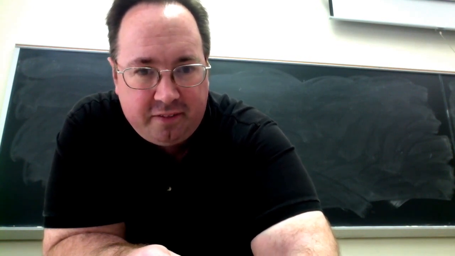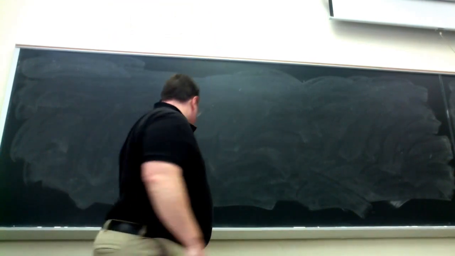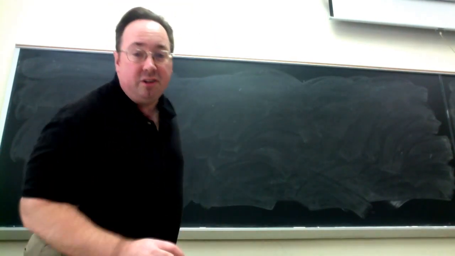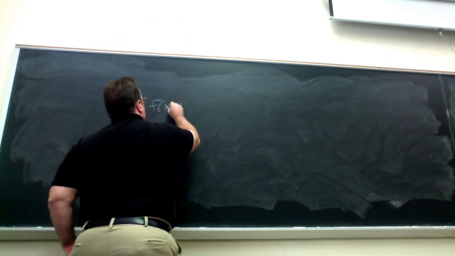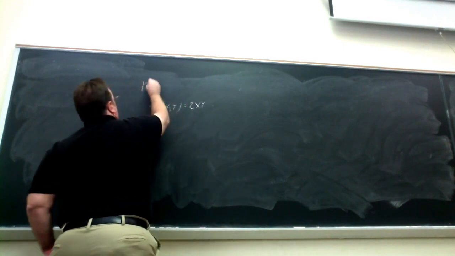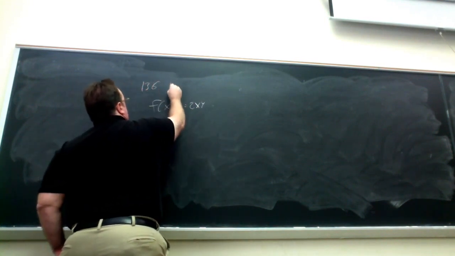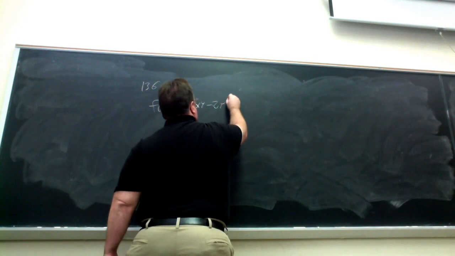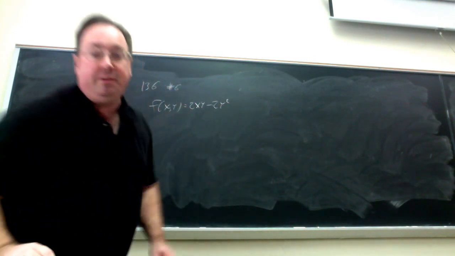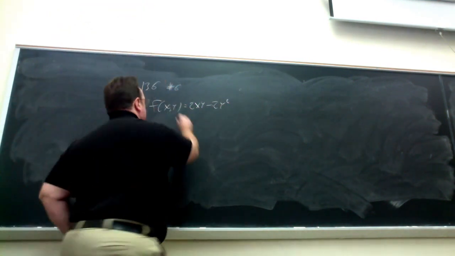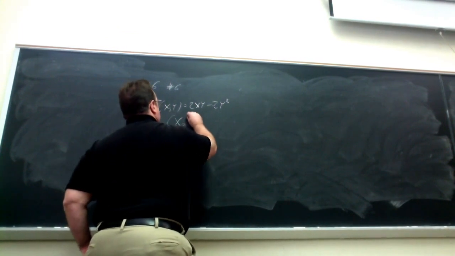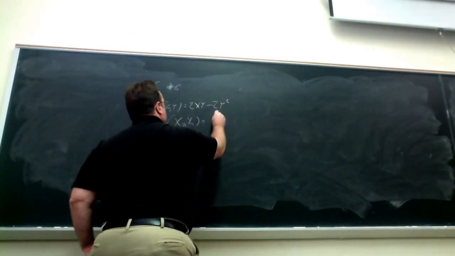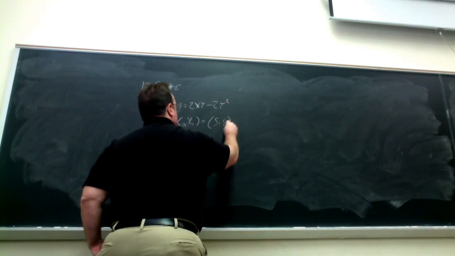First, I want to make sure that we really are talking about the same thing. So the function, of course the numbers will be different, is 13.6, number 6: 2xy minus 2y squared, and it wants the directional derivative at the point 5, 5.